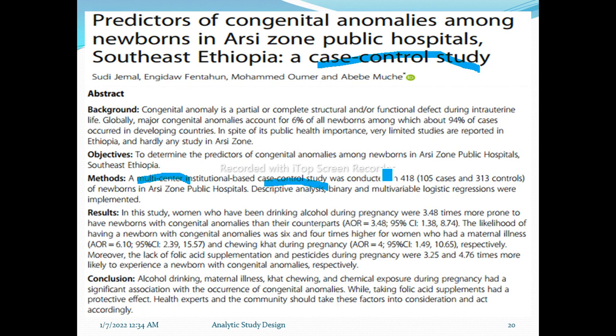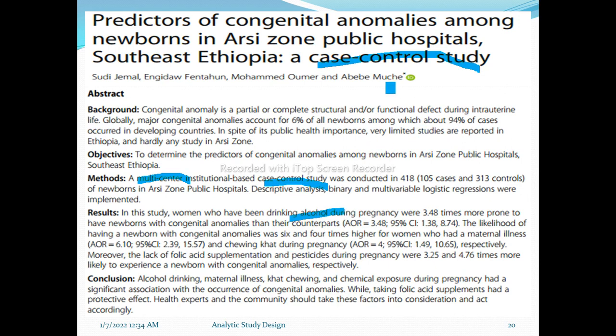So they compared congenital anomaly for exposed and non-exposed, and individuals without congenital anomaly were asked about exposure and non-exposure, for exposures like alcohol.